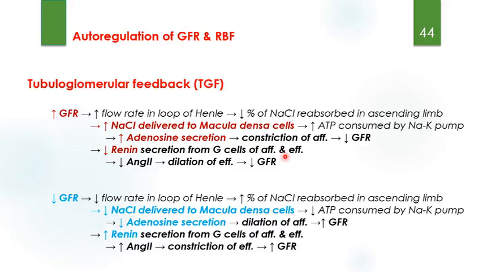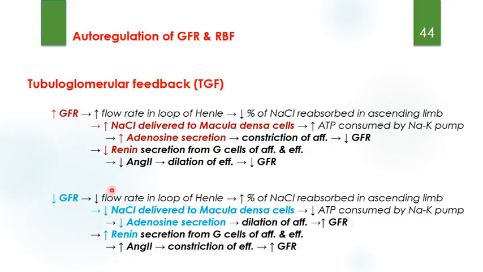By increased blood flow to these vessels, renin secretion from them will be decreased, and by reduction of renin, the level of angiotensin II will be reduced, and reduction of angiotensin II will lead to dilation of efferent arteriole, and again reduction of hydrostatic pressure in the glomerular capillary, and reduction of GFR. And reduction of GFR returns the increased GFR to its normal level.